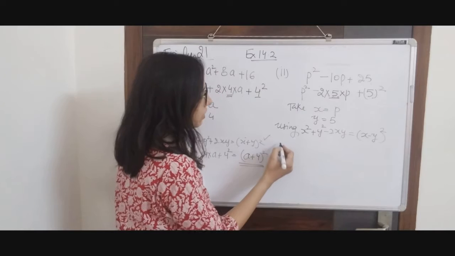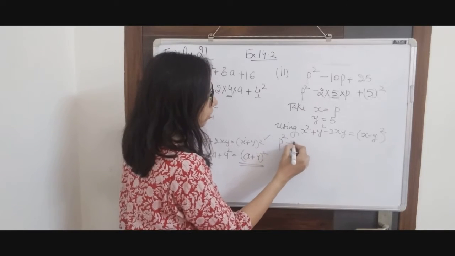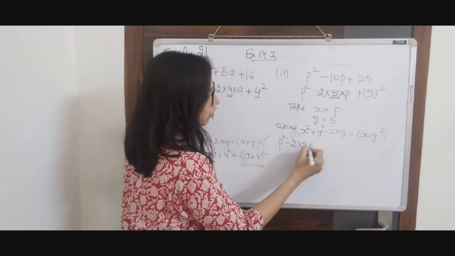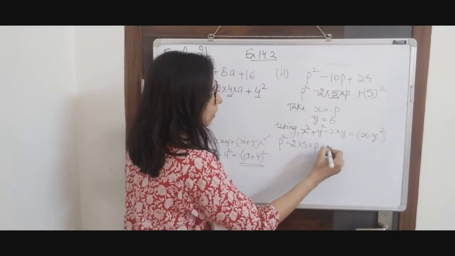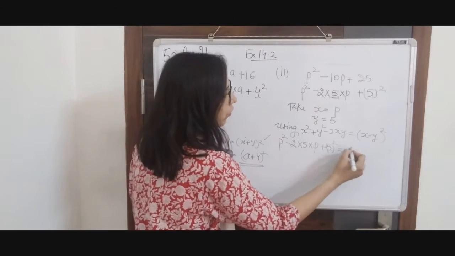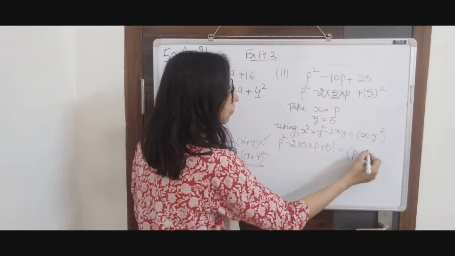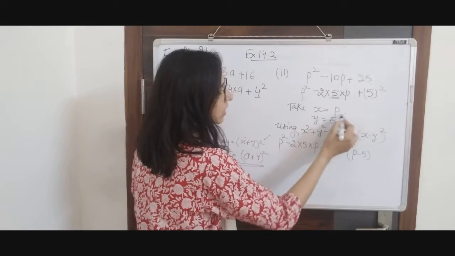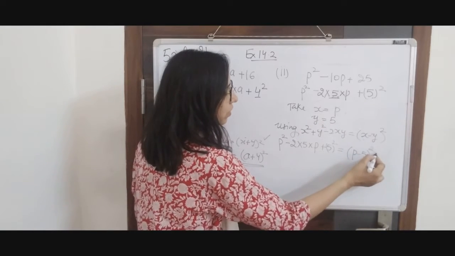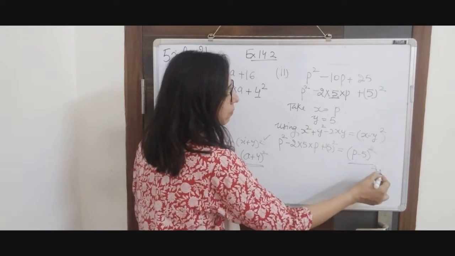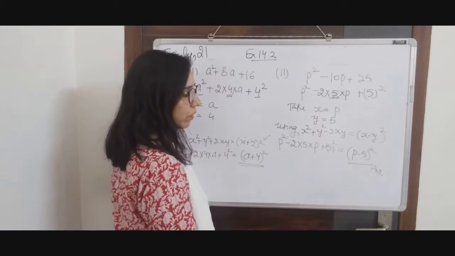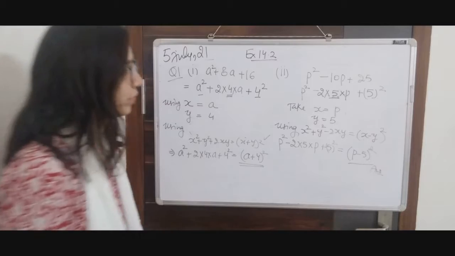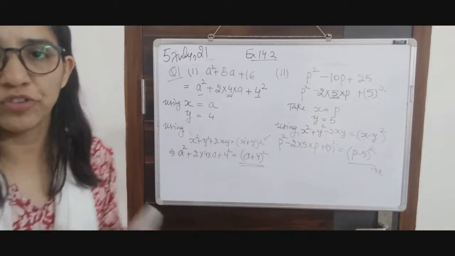So here our expression was p square minus 2 into 5 into p plus 5 square. It will be equal to p minus 5, x minus y, x is this, y is this, so (p minus 5) whole square. This is our required factorization.